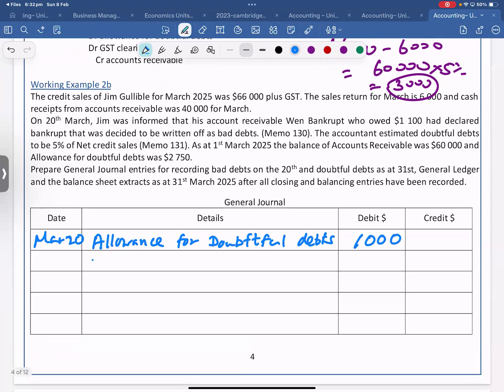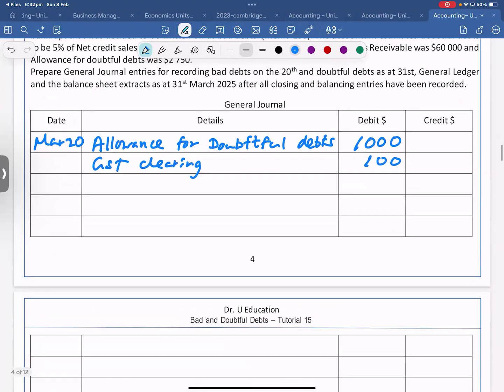Then you debit the GST clearing 100 and you credit the accounts receivable, when bankrupt, 1,100.